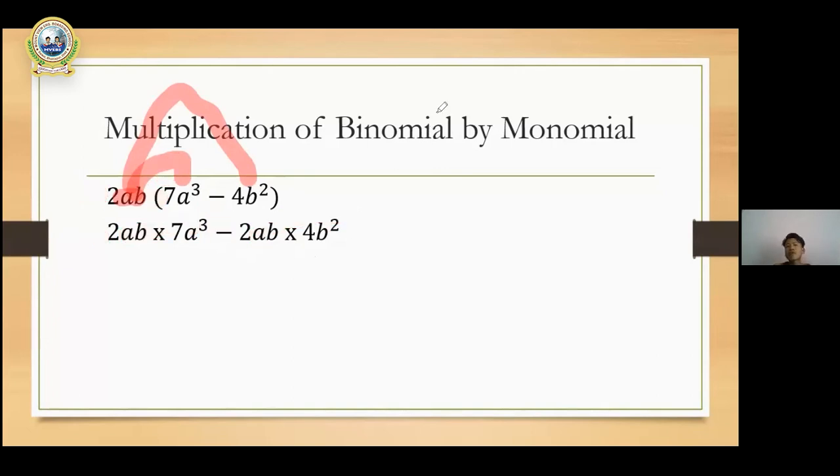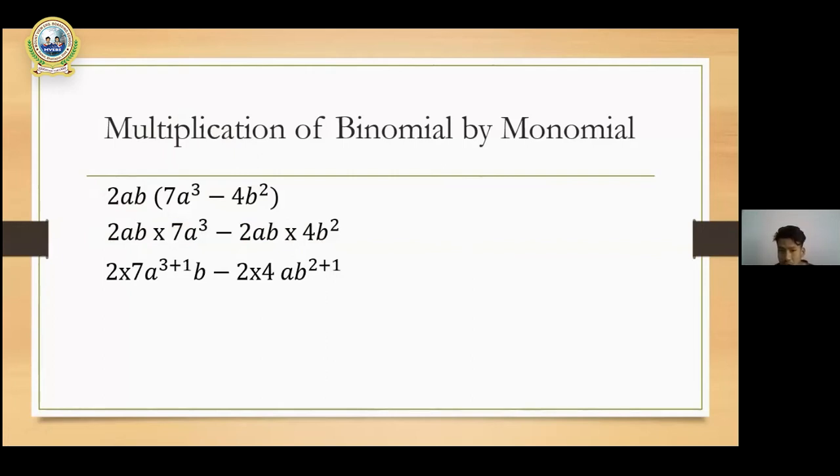Regardless of the sign there in the middle, we looked at each term individually. This is also multiplication of a monomial by monomial, so we do it the same way as before. We multiply the sign, we multiply the coefficients.